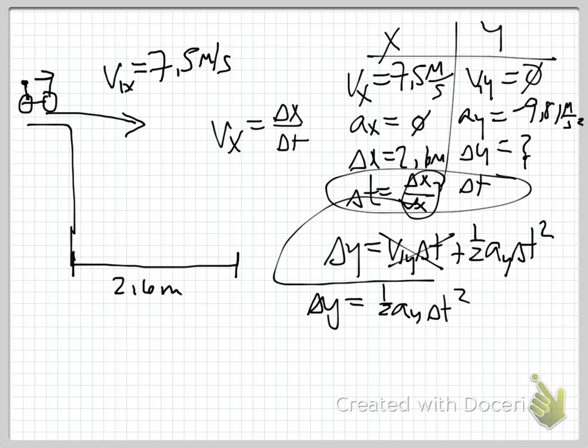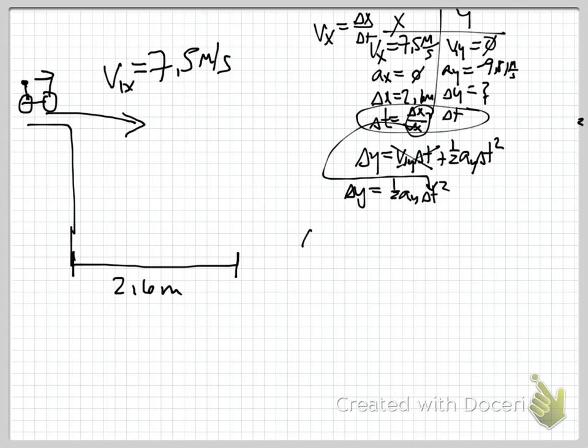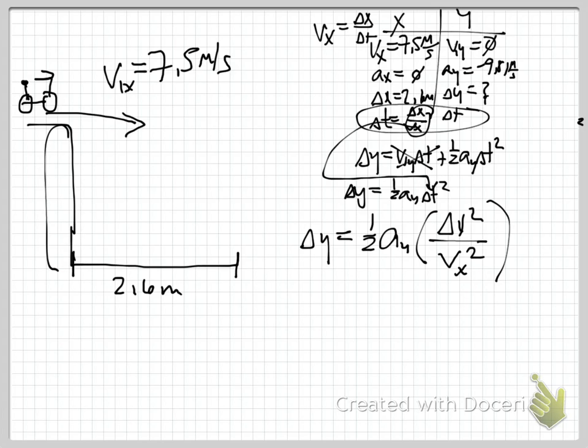Plug this back in. Delta y equals 1/2 a sub y, delta x squared over v sub x squared. There's nothing to rearrange because delta y is already solved for, and that's what we're interested in.